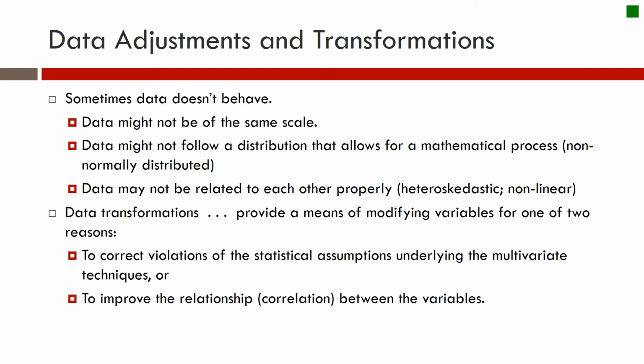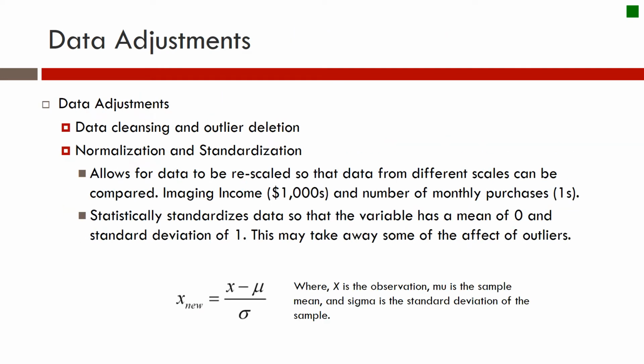So data transformations then provide a means to modify variables to help correct for violations of statistical assumptions. And what might also happen is relationships may be better or more clearly explained once the data has been transformed or adjusted.